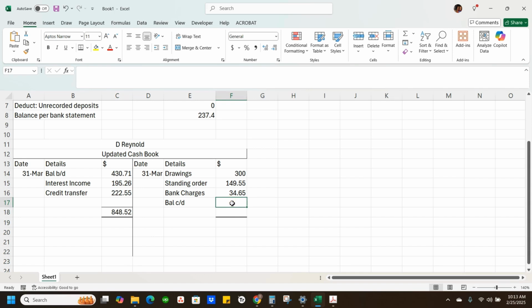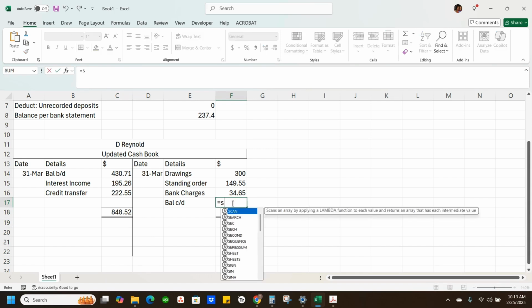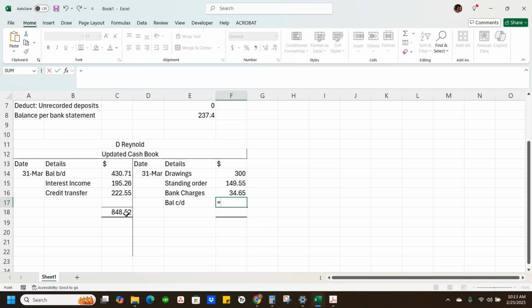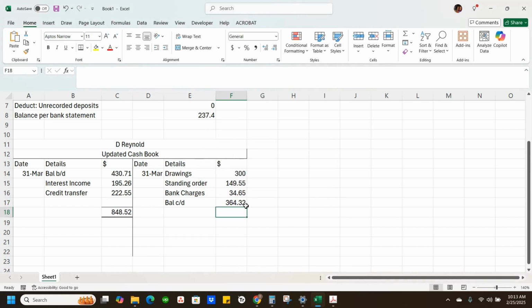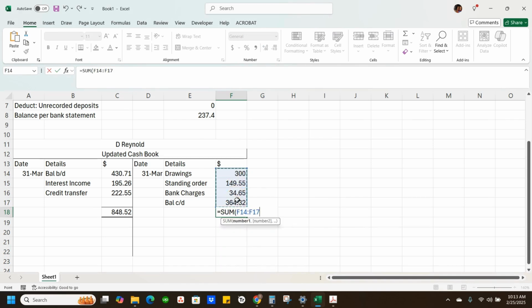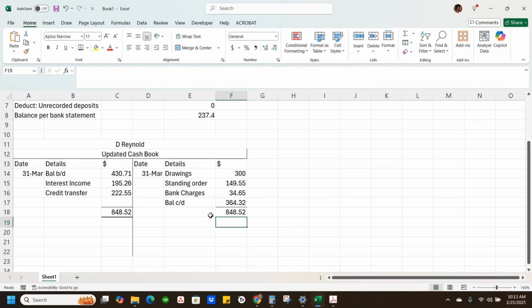And my balance carried down would be the total of everything on my debit side minus the total of everything on my credit. Once I sum everything, it should come back to 848.52.